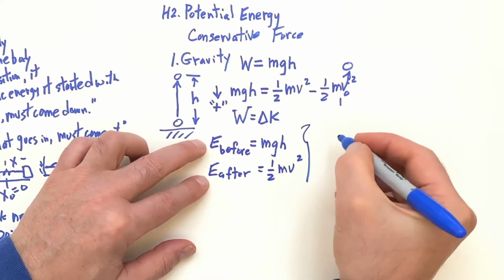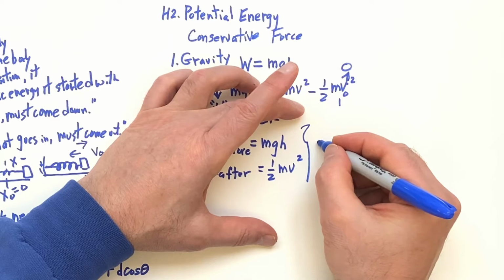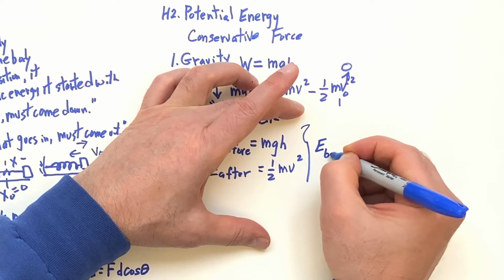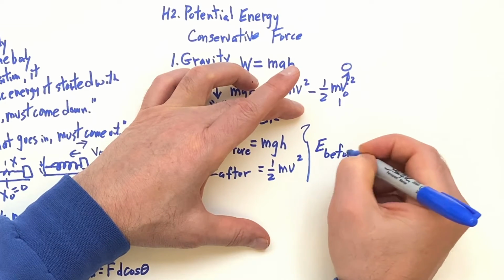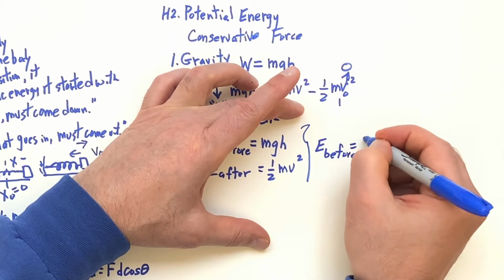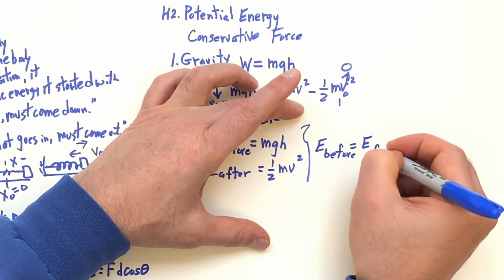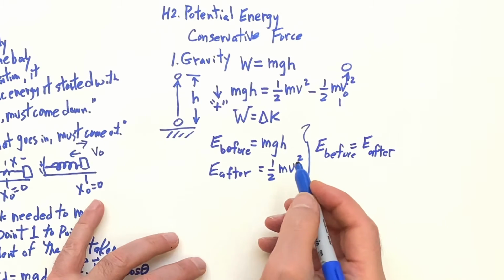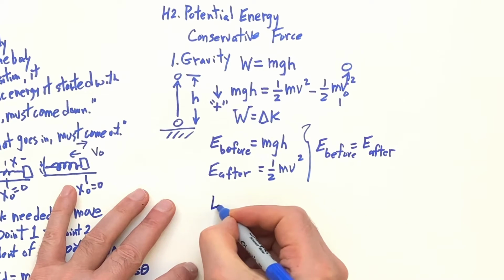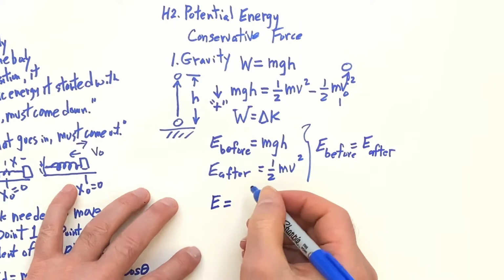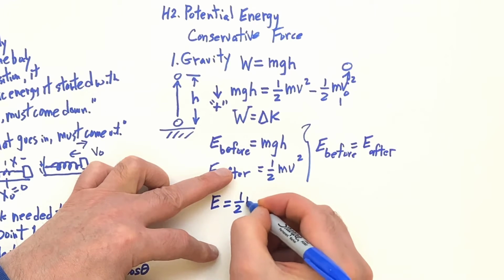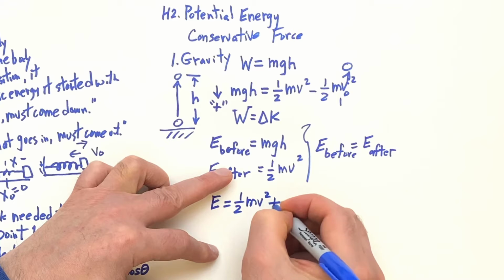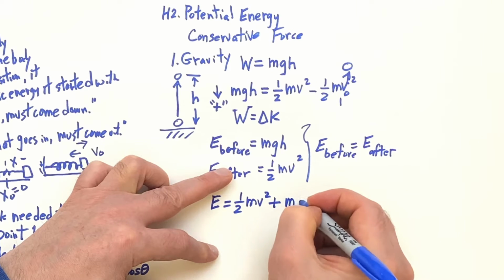And then you can write the work energy theorem as the energy before, or the energy at point 1, is equal to the energy after, or the energy at point 2. So you can think of this energy as now a combination of the kinetic energy plus the potential energy.